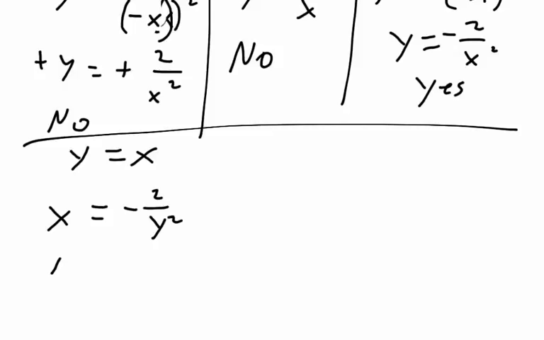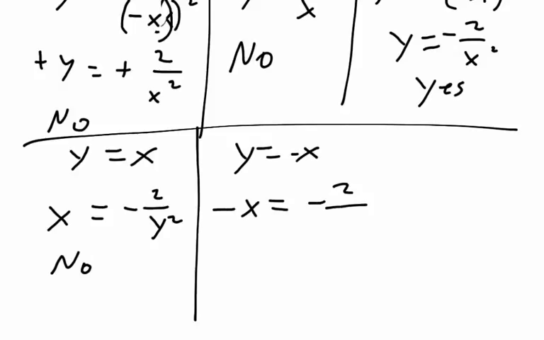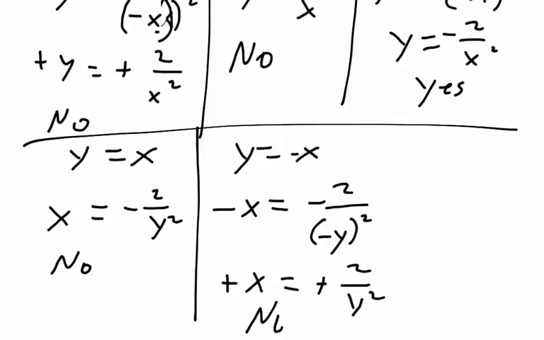Since the y is squared and the x is no longer, the answer is no. And for y equals negative x, we get negative x equals negative 2 over negative y squared, which is negative x over negative 2 over y squared. Once again, since the y is squared and not the x, the only thing that worked here is the y-axis.